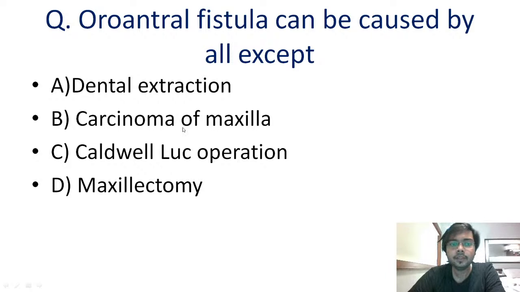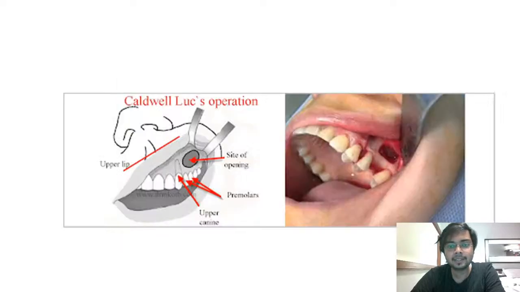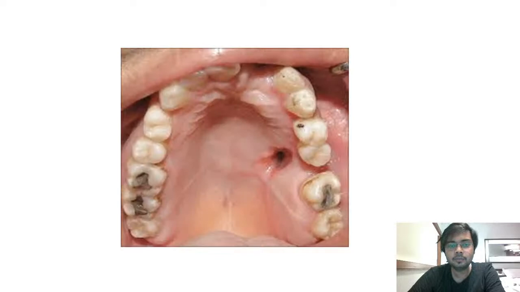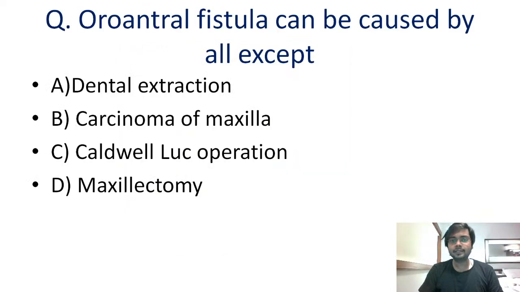Carcinoma of the maxilla, due to erosion of the palatal bone, can lead to it too. But maxillectomy is total removal of this part of the maxilla, so there is no point of creation of an oroantral fistula when the antrum is not present. You are removing the whole maxilla along with the maxillary sinus cavity, so no fistula. The answer will be maxillectomy.